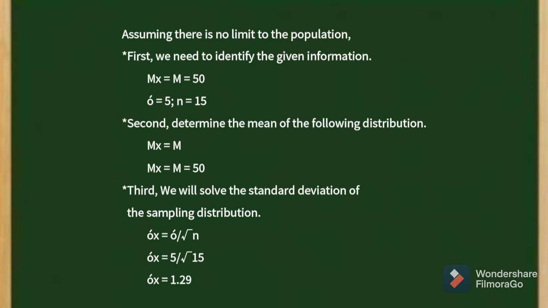Therefore, the sampling distribution has a mean of 50 and a standard deviation of 1.29. Since the standard deviation is large and very far from 0, the sample mean is a poor estimate for the population mean.